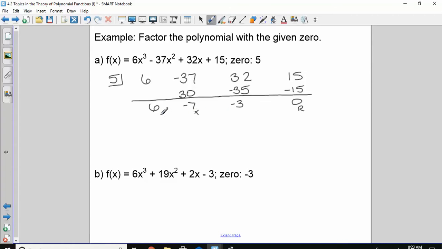This is x and x squared. So right now we have 6x squared minus 7x minus 3. I want you to factor. How would I factor this?